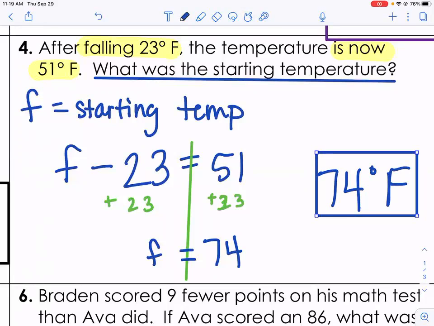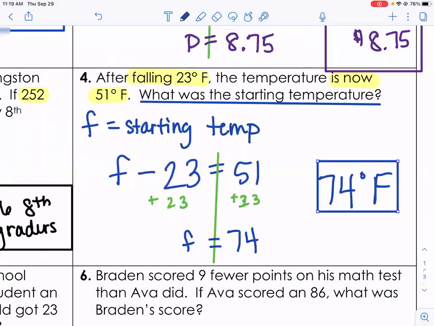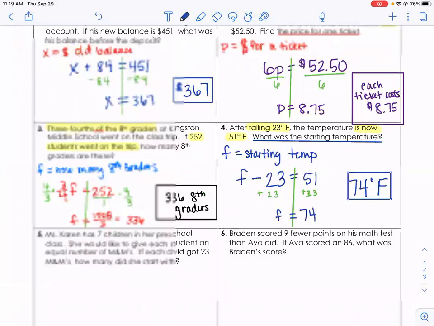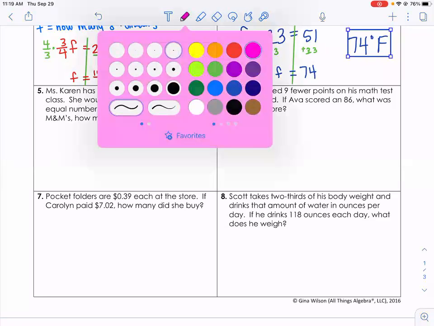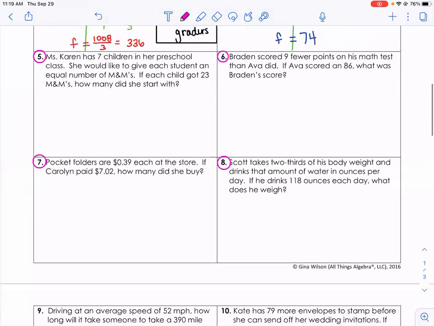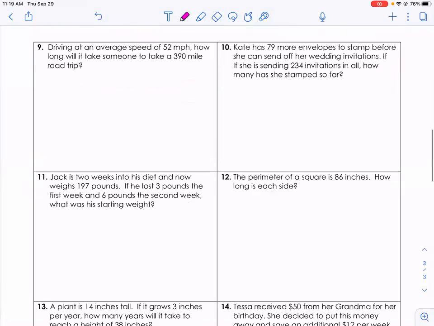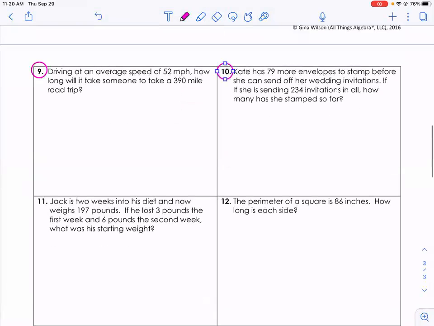Okay, so listen to me. We have 11 minutes of class. Please take your pencil and circle these with me. Your homework is number 5, number 6, number 7, number 8. Turn the page. Number 9, number 10, 11, and 12.